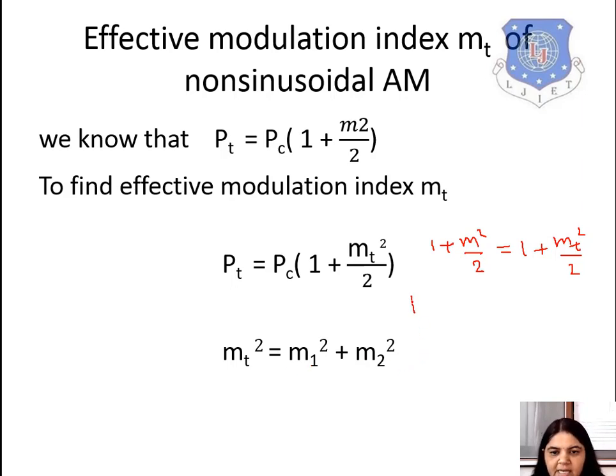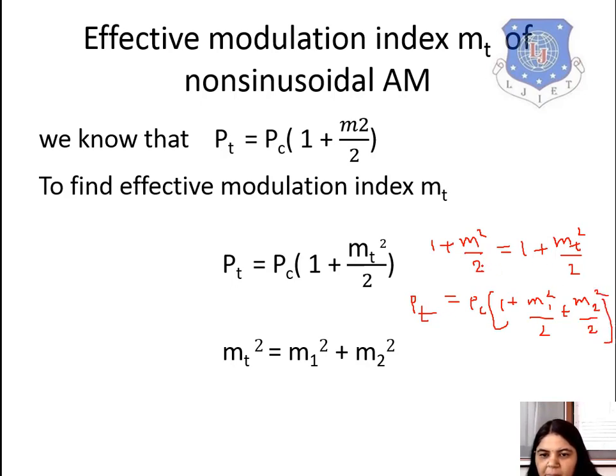Also I can write over here what my PT was earlier, the equation PC in bracket 1 plus M1 square by 2 plus M2 square by 2. So you can compare the equation with this, and it is MT square equal to M1 square plus M2 square.